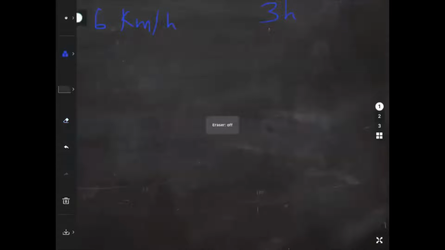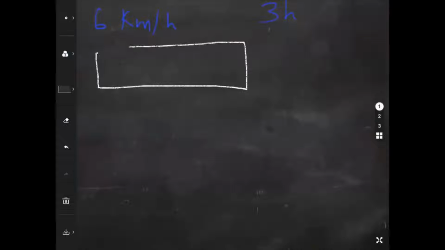So let's draw a little table of values. Actually, I'm going to use time in the top, time and distance. So let's go walking for 3 hours.